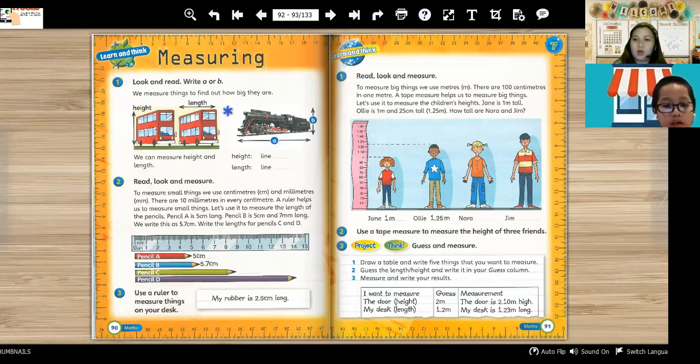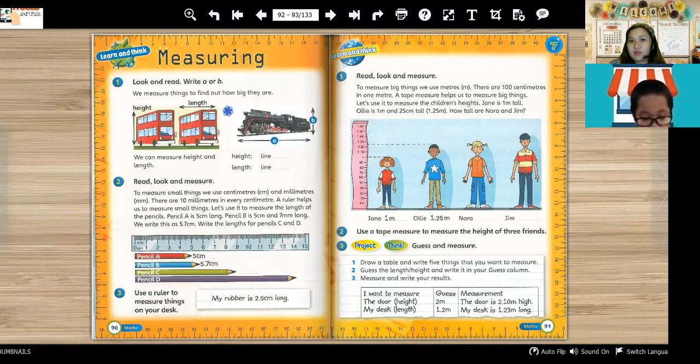Okay. So are those the things that are on your desk? Yes. Okay, so very good. Thank you so much for that. So good job. Okay, so do you now know how to measure things using a ruler? Is it clear or do you have a question? No, I don't have. Okay, so very good. Thank you so much for doing that one.